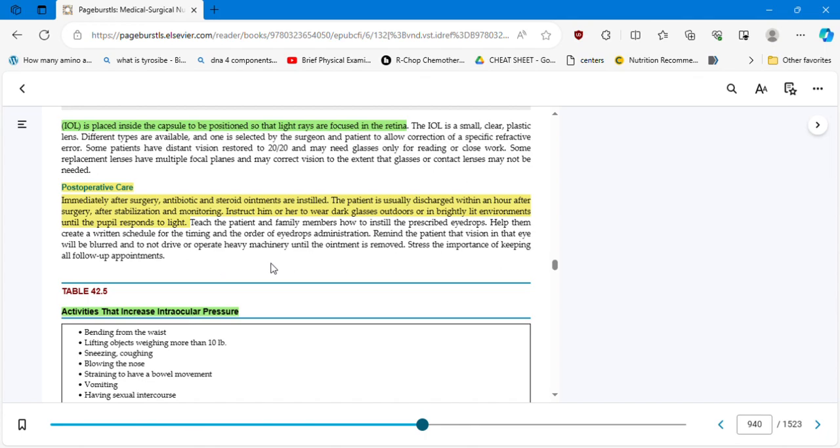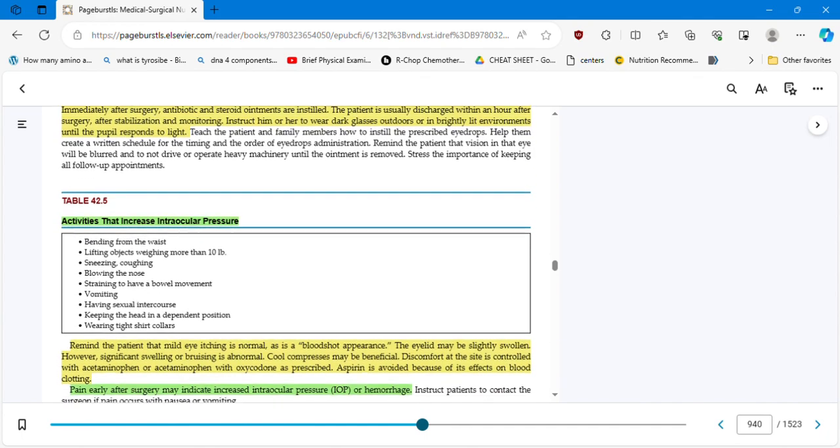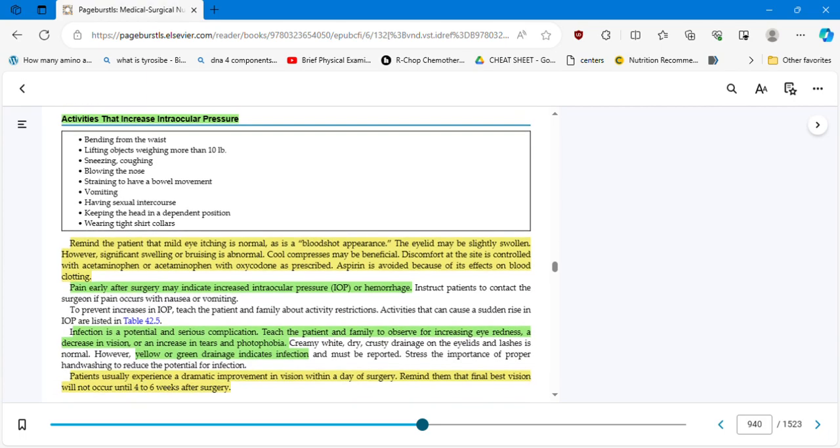Okay, and we are waiting for constriction of the pupil. Okay, so activities that increase intraocular pressure, bending from the waist, I'm just mentioning a few of them, vomiting, straining to have a bowel movement, sexual intercourse, wearing tight shirt collars.